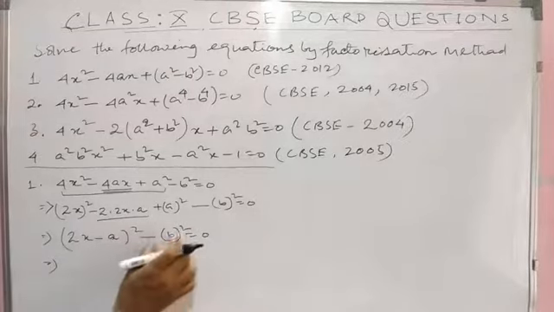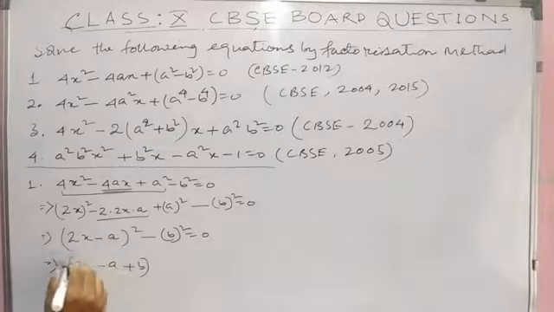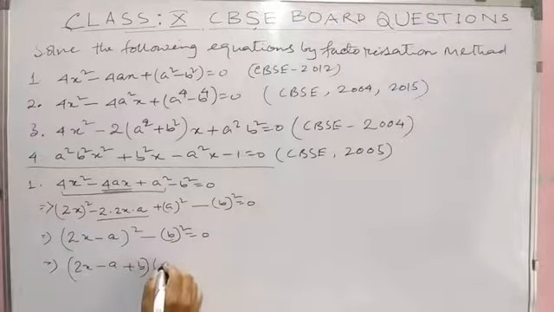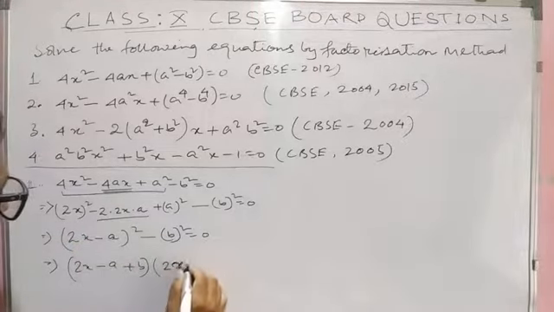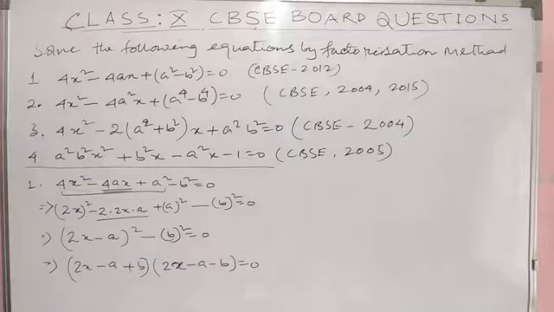This implies that a square minus b square. A square minus b square means (a plus b) into (a minus b). A means this 2x minus a, b means b, so (2x minus a plus b) whole into (2x minus a minus b) equal to 0.